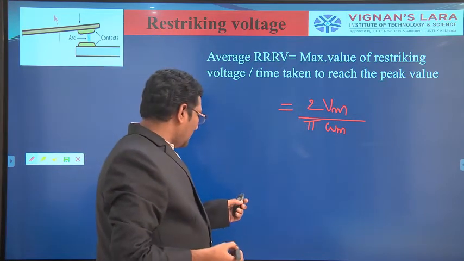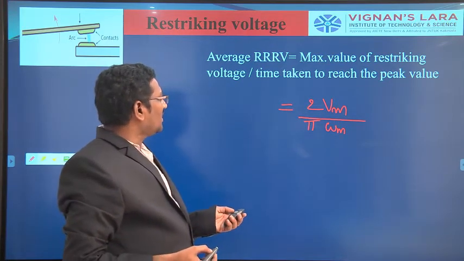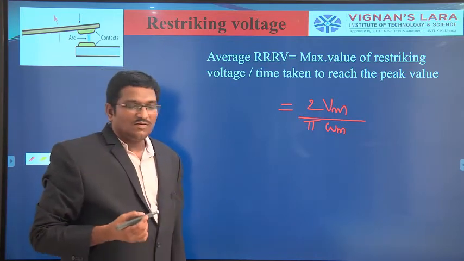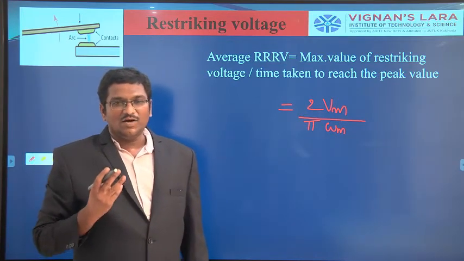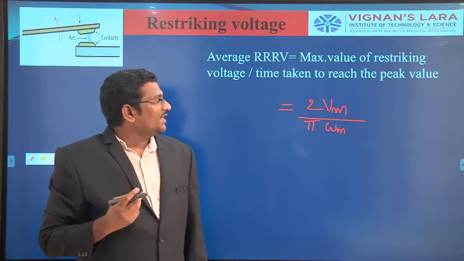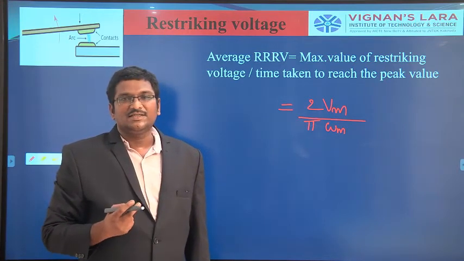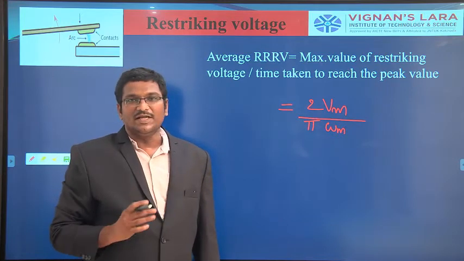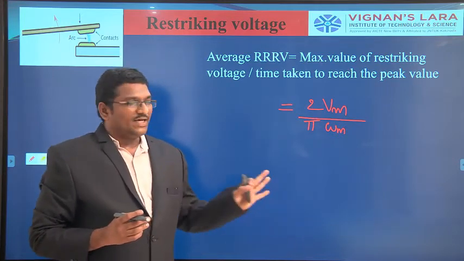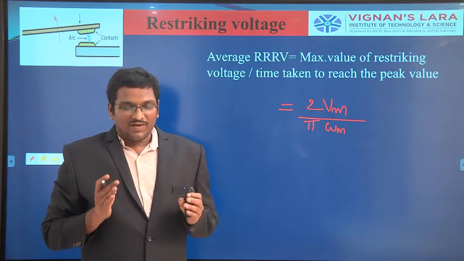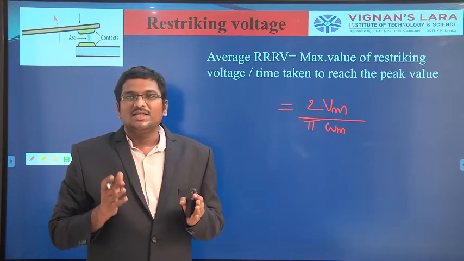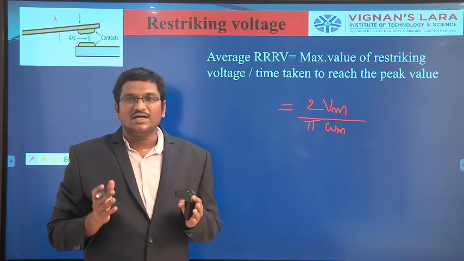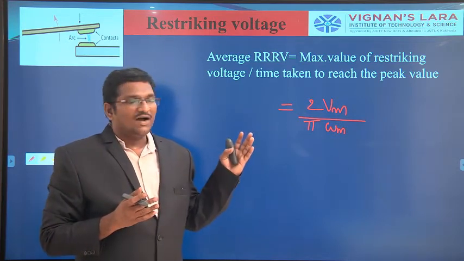Now let me summarize all the points. In circuit breakers three voltages are important: the first one is arc voltage, the second one is restriking voltage, the third one is recovery voltage. To define the arc voltage: when the circuit breaker is open and the power system network is subject to a fault, that voltage is called the arc voltage.